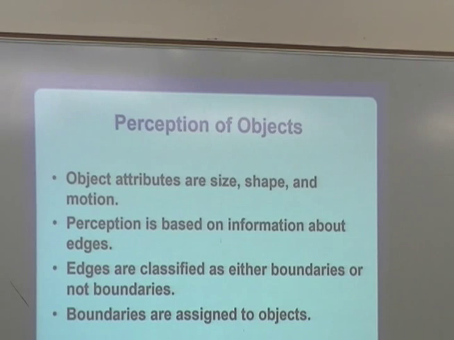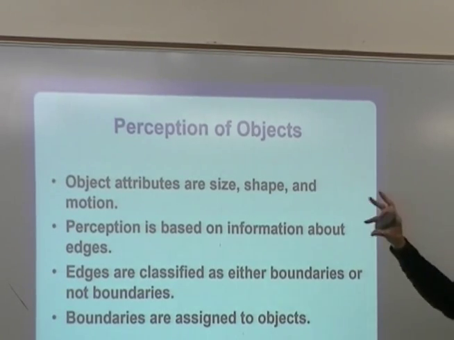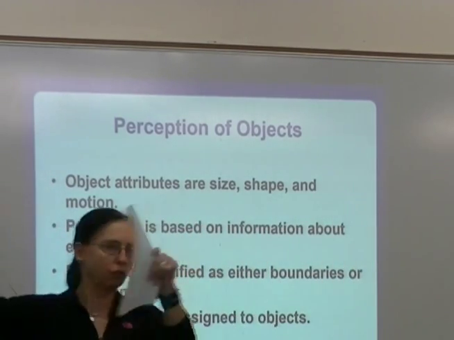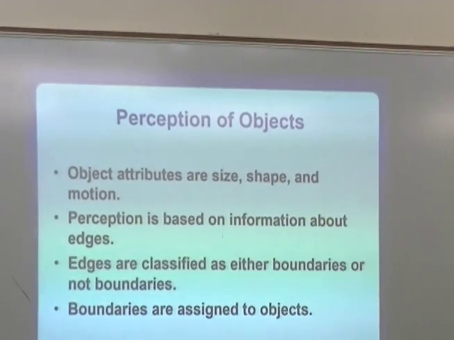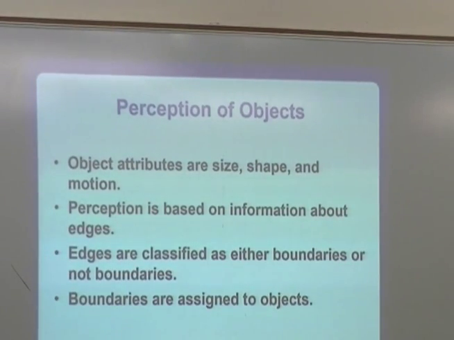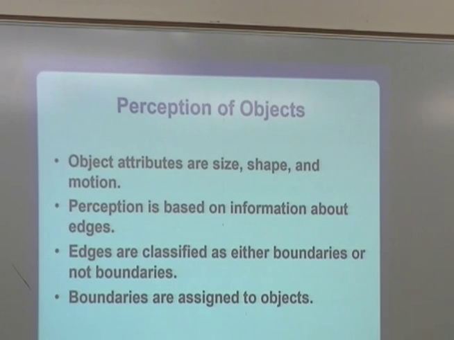So I can see a ball move because I can identify the edge of the ball against the background and I can tell it's moving. So we assign these boundaries to an object. The ball's round, here's the outside of the ball. If the thing behind the ball is changing, then the ball must be moving.